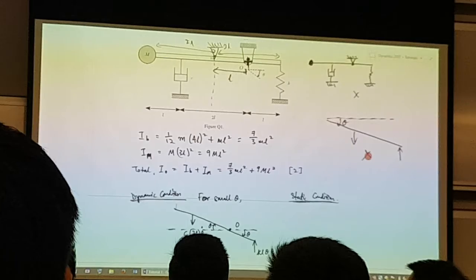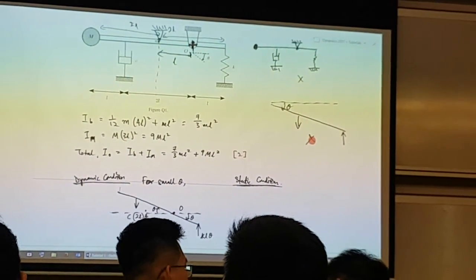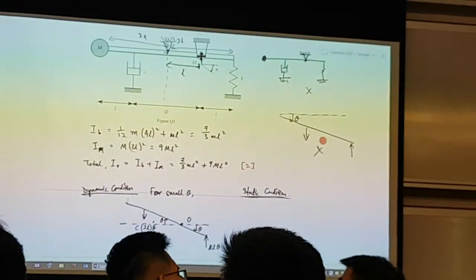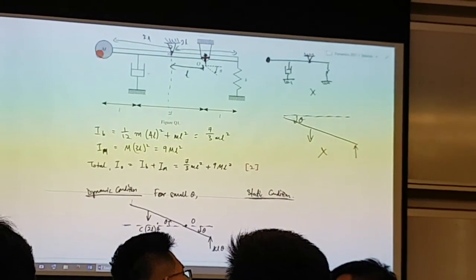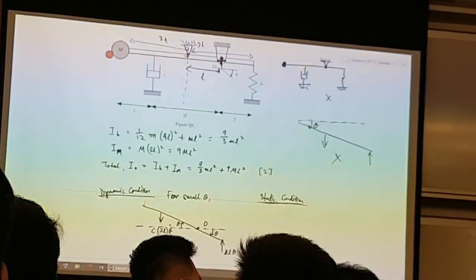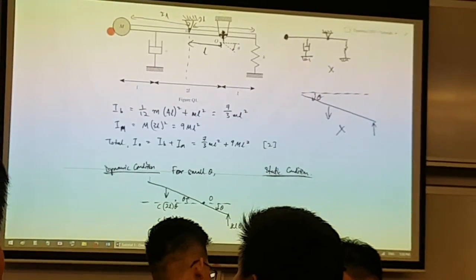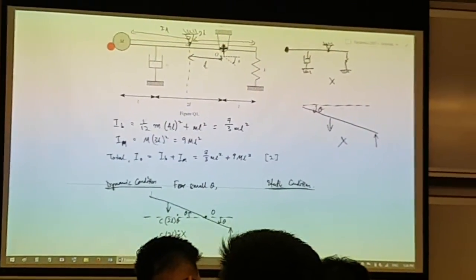But this one is wrong, because it doesn't rotate that way. This is not the pivot point. Okay, so it's still okay. I'll be looking at how you formulate your equations later.